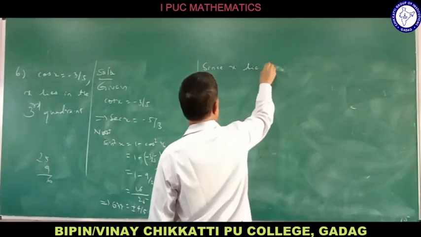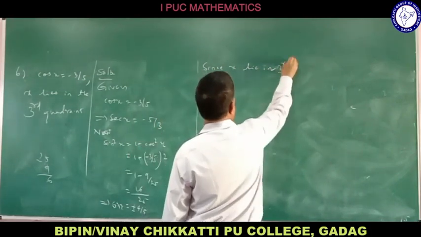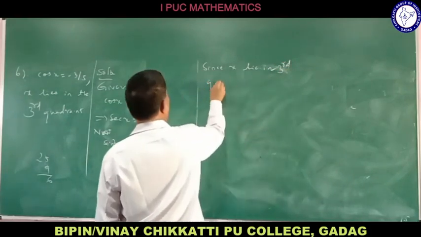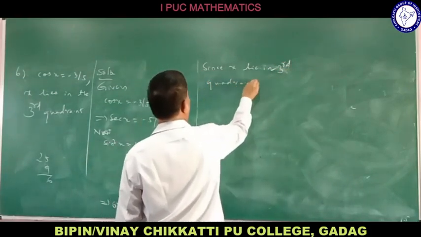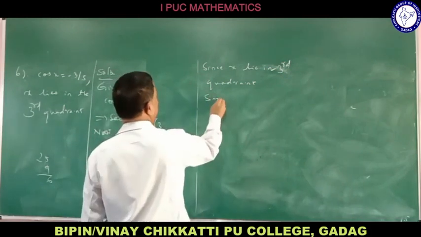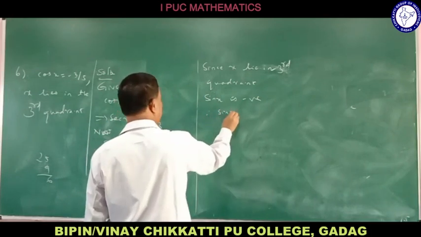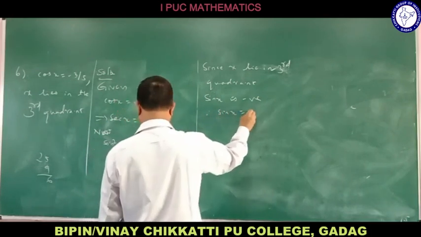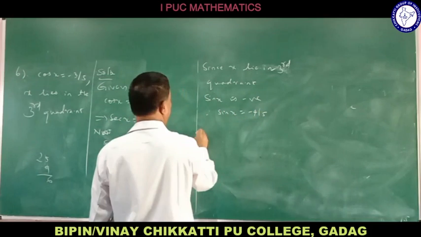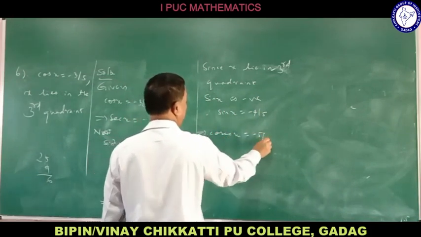Third quadrant. And in the third quadrant, you see whether sin is positive or negative. Sin x is negative. Therefore, sin x is equal to minus 4 by 5. This implies cosec x is equal to minus 5 by 4.